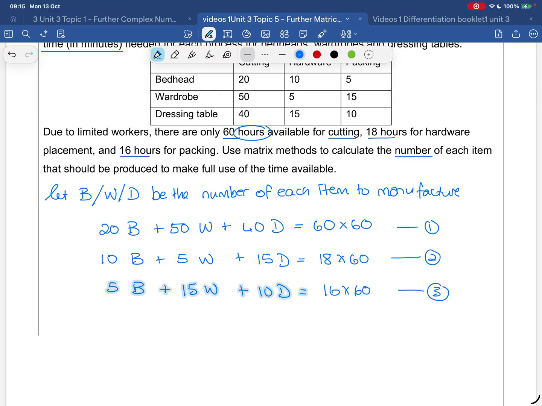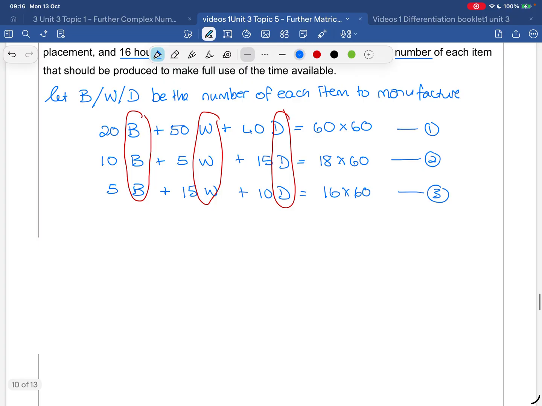What I want you to notice is that I am lining up or stacking my B's, my W's, and my D's, so that when I create my matrices, I've got the correct values in the correct places.